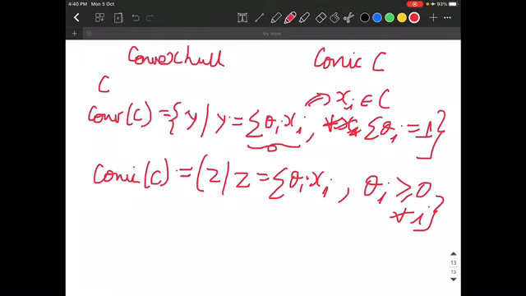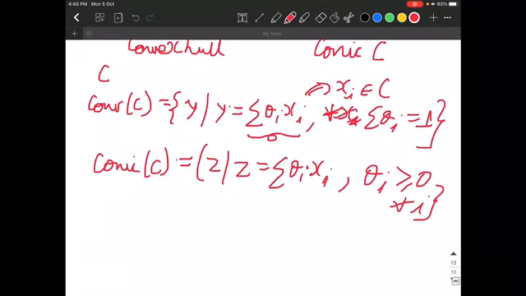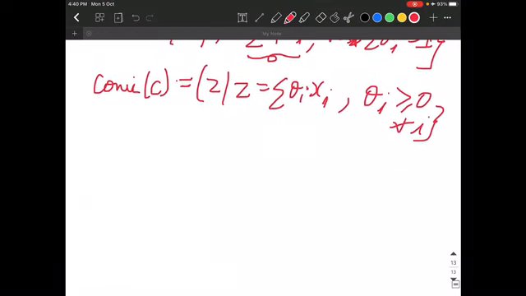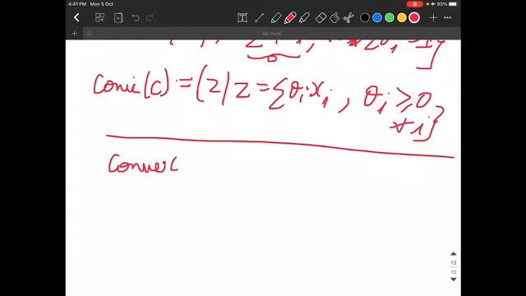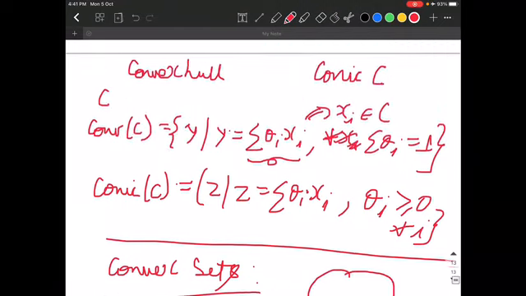Okay, so now we will look at examples for these sets. We have focused sufficiently on affine sets and conic sets. We will look at convex sets again. So let's see a figure for this.